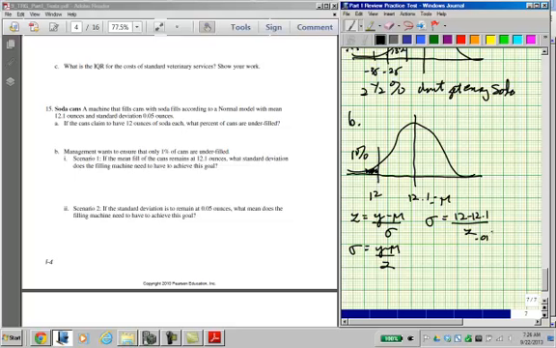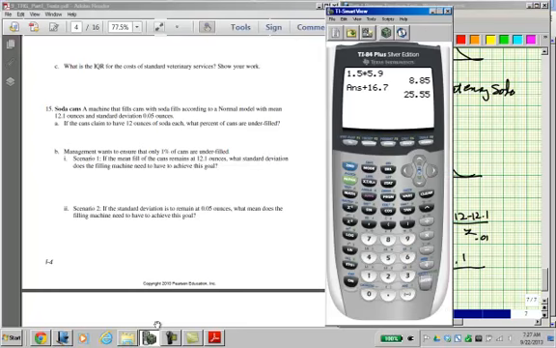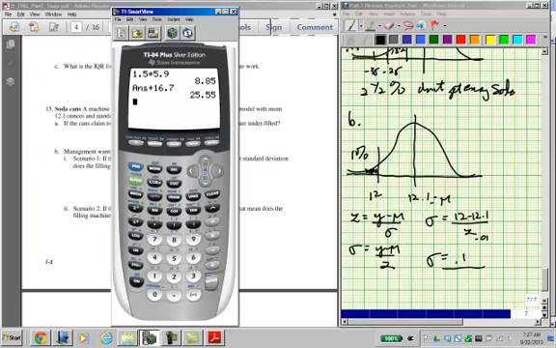So sigma equals 0.1 over, now we'll use inverse norm to find that z-score. We take 0.1 and divide it by the inverse norm of 0.01. We get 0.0429.